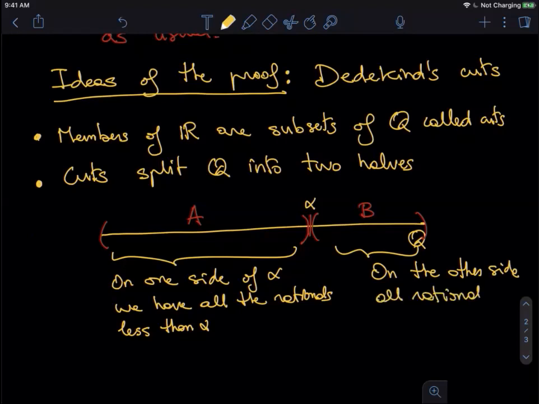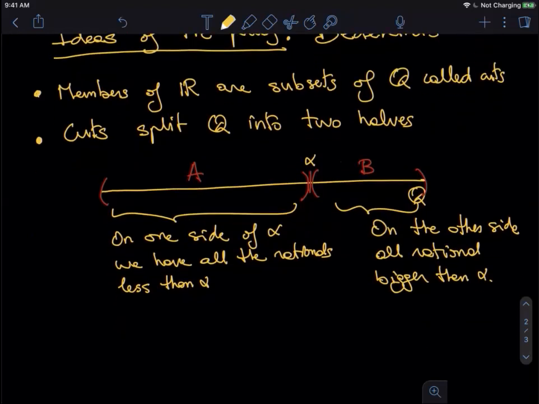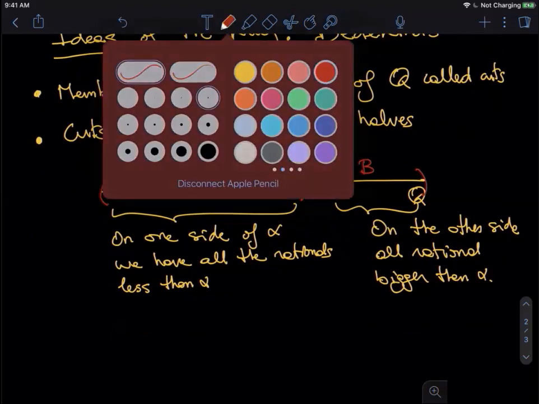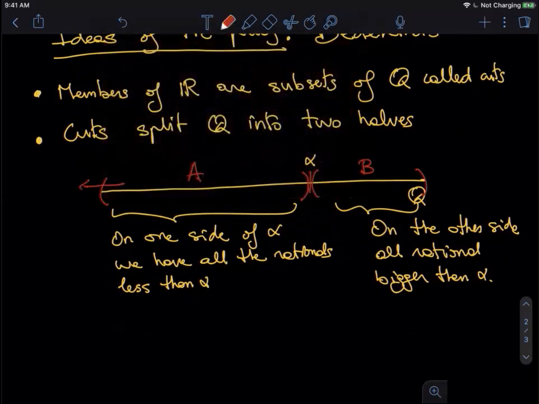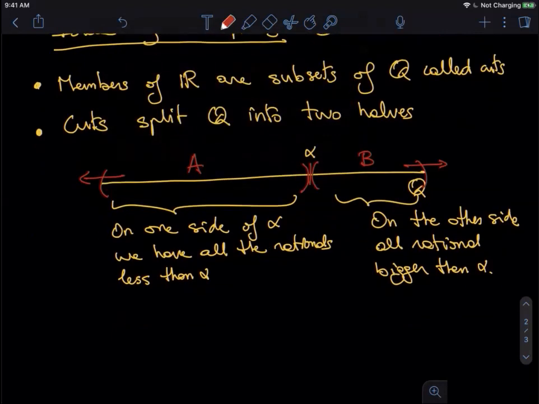All rationals bigger than alpha. Okay. So this looks like a finite interval, but it goes all the way, okay? So the two cuts would be up to alpha and then from alpha.